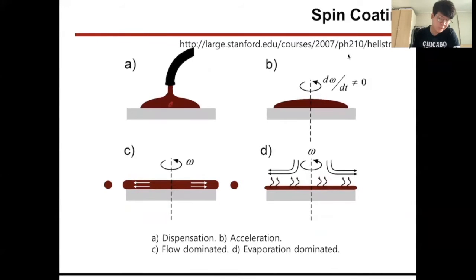First, we dispense the photoresist liquid on the wafer surface, and then we accelerate the spin of the wafer to deposit it evenly, and after that, by using an equal velocity, we make it more evenly distributed, and after that we soft bake to remove the liquid component, like solvent.